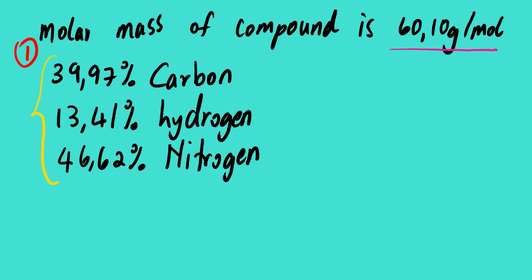Now the first thing that we need to do, we need to calculate the number of moles for each element. Now we know that 39.97% we convert it to grams by simply putting the grams symbol instead of the percentage.